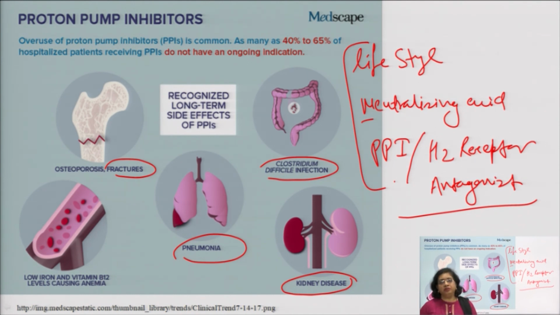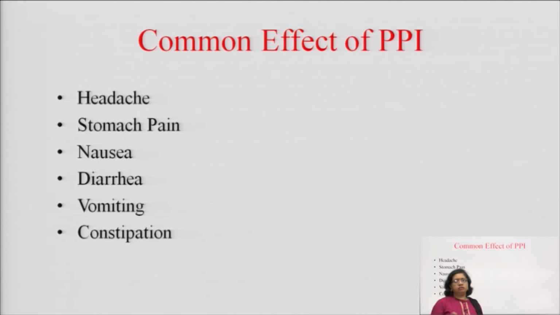There are 3 factors you have to remember: lifestyle, neutralizing acid, and either you take medicine or a proton pump inhibitor. So, friends, this is all about this.